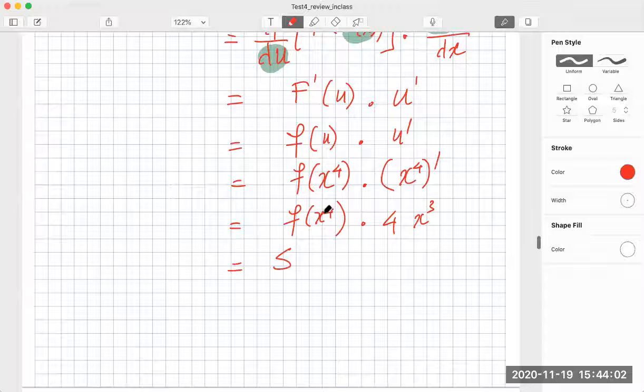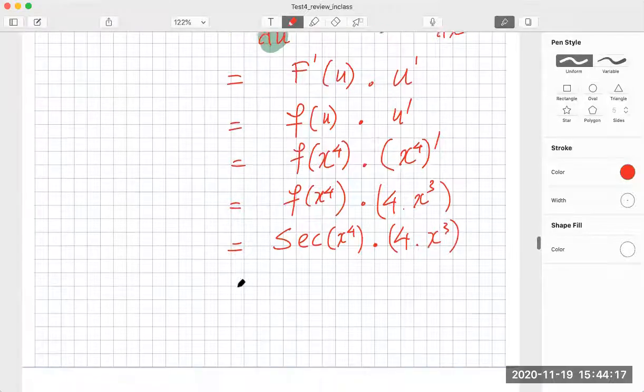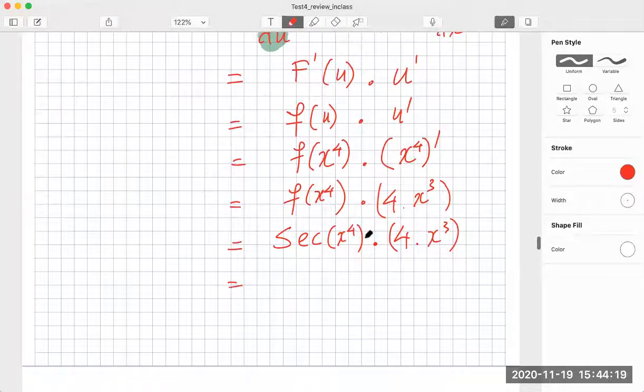So f of x to the fourth will be secant of x to the fourth, multiplied with 4x cubed. Or we can rewrite it to avoid confusion: 4x cubed times secant of x to the fourth. That's it.